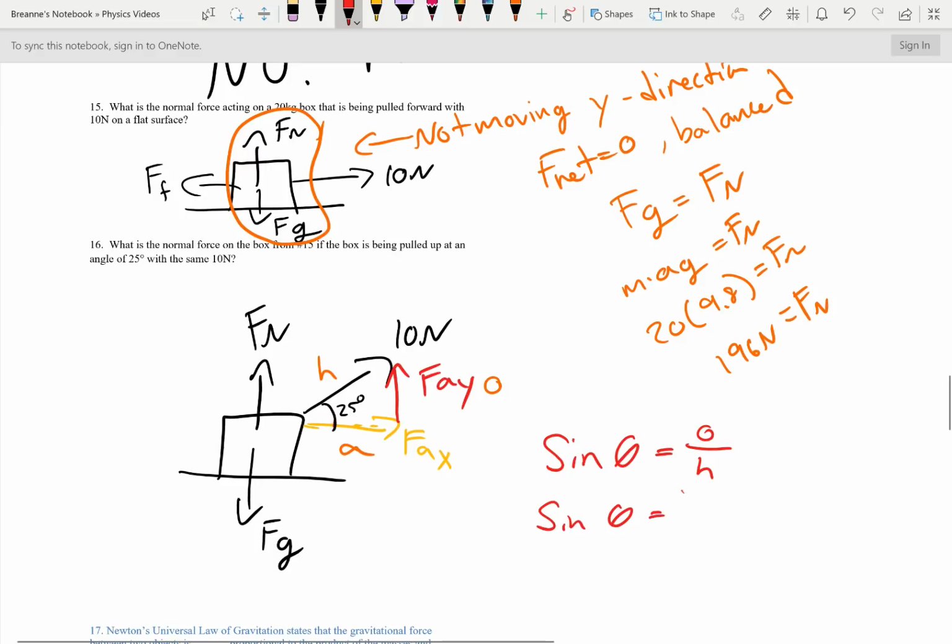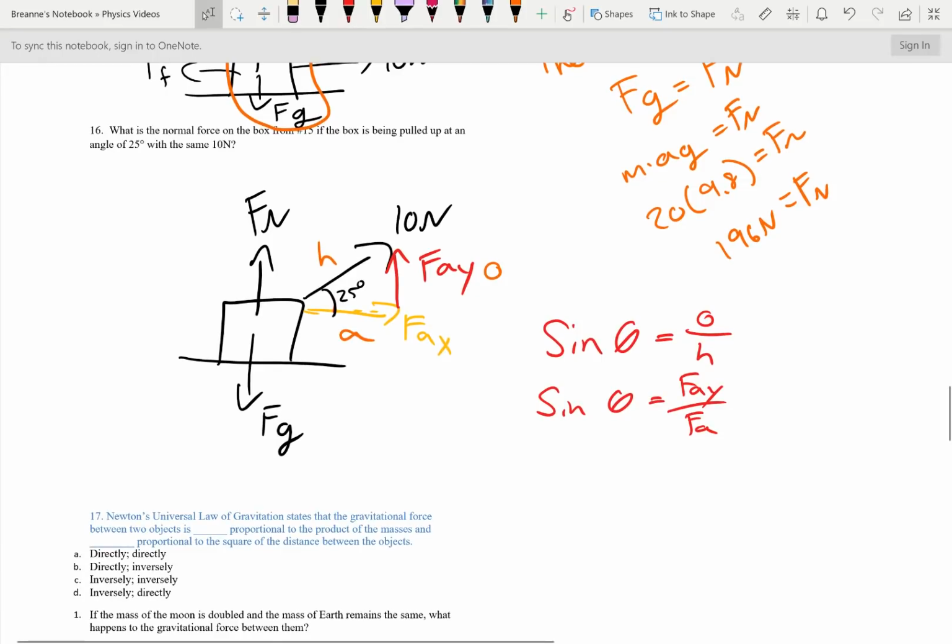Our opposite is force applied in the y, and our hypotenuse is force applied. So sine of 25 equals force applied in the y divided by force applied, which is 10. The opposite of divide is multiply; when you do one side, you have to do the other. So you just end up doing 10 sine of 25, and you get 4.23 newtons for your force applied in the y.